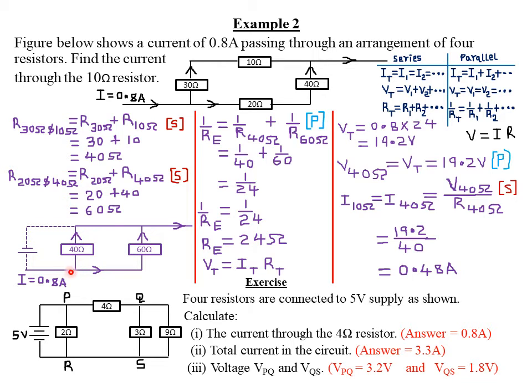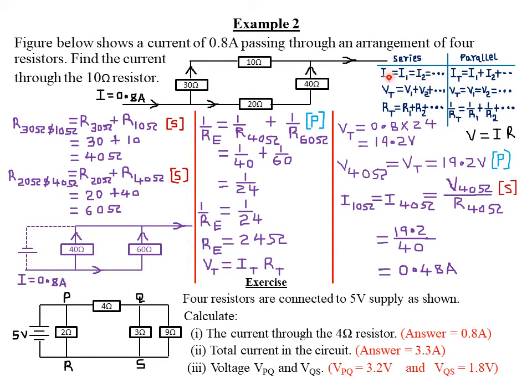Now remember, at this particular junction, the current is divided. So a different amount of current flows through the upper route, while the other current flows through the lower route. If different current is flowing through resistors, it means that they are in parallel connection, because it is only in parallel connection that the current is divided.